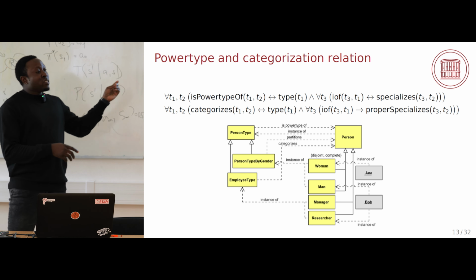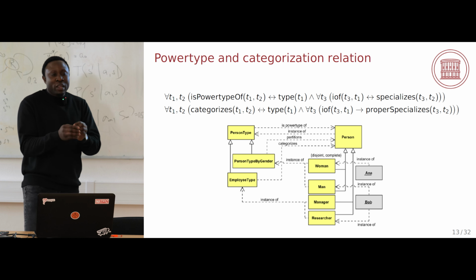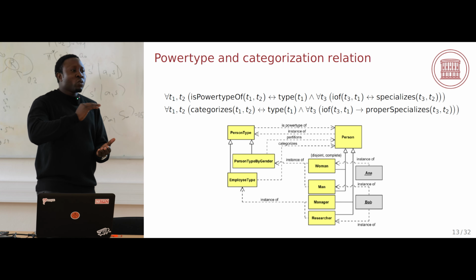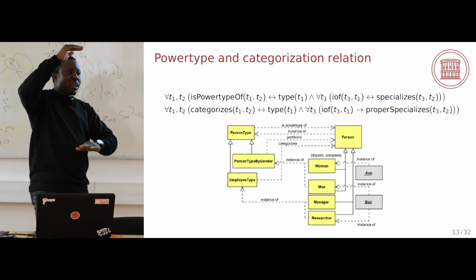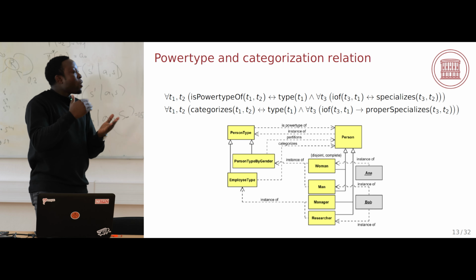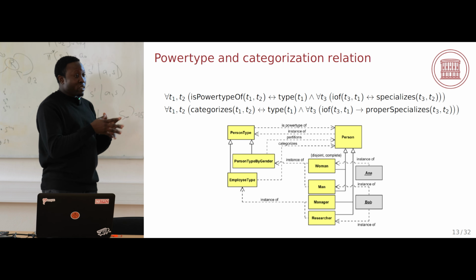Then what I just explained was the relationship that exists within a particular level. What about relationships that exist between the first level and a higher level above it? We could talk about the power type relation and then the categorization relationships.